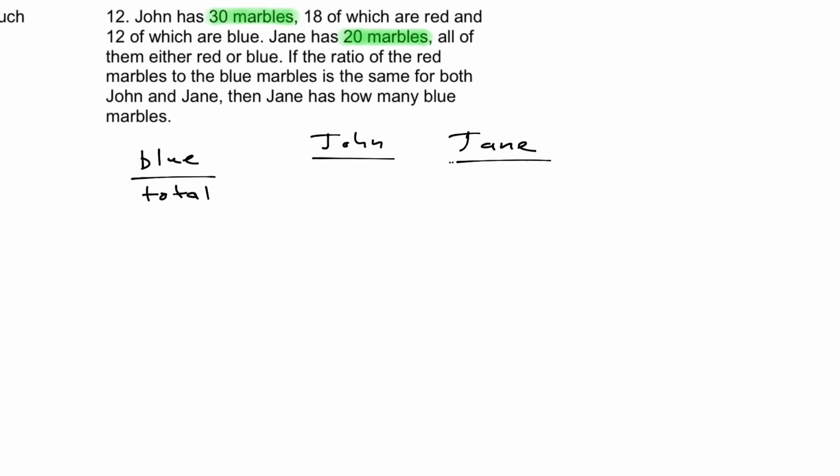I've set up my proportion, my two equal fractions. For John, I'm going to set it up as blue over total, and then for Jane, I'm going to set the ratio up the same way as blue over total. And as long as you're consistent, this will work out for you.